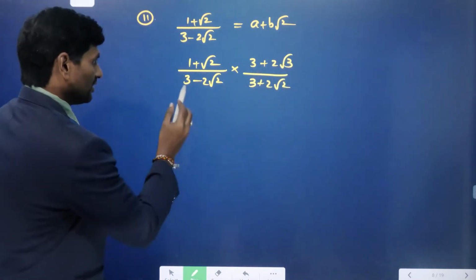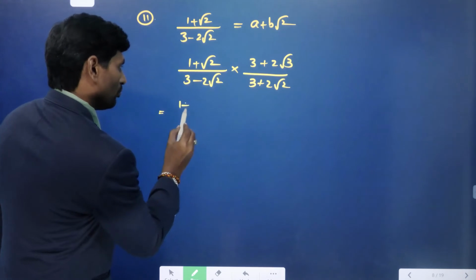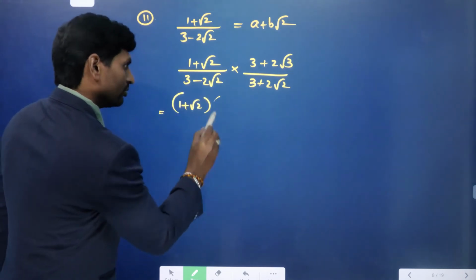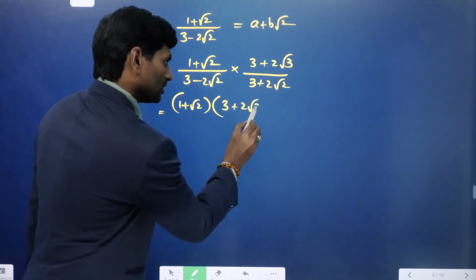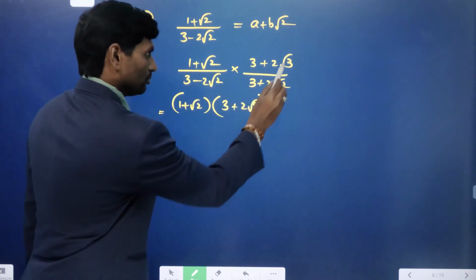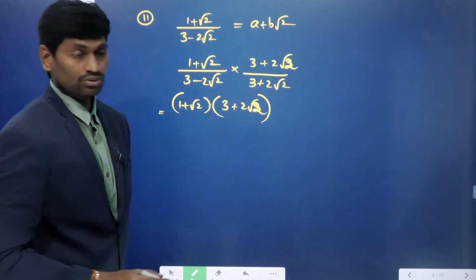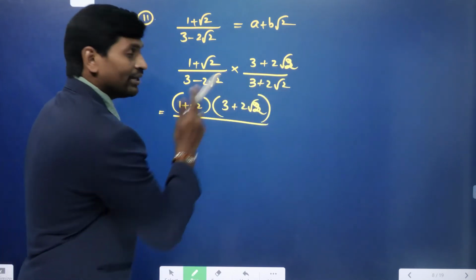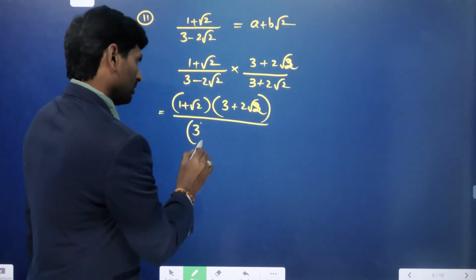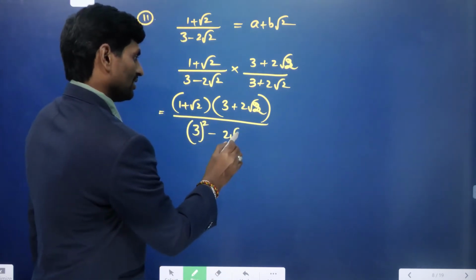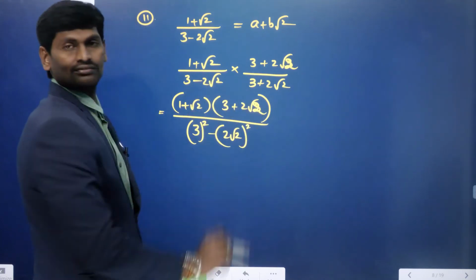Okay? That equals 1 plus root 2 into 3 plus 2 root 2. The denominator is in the form of a plus b into a minus b, a square minus b square.